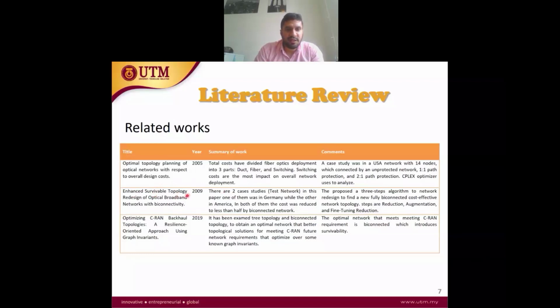That is what the second paper was: enhanced survivable topology redesigning of optical broadband network with bi-connectivity. Here we see there are two case studies, in Germany and America, and in both of them, the result of this study is that the cost is reduced to less than half by using a bi-connected network.